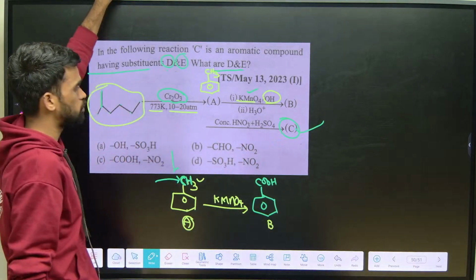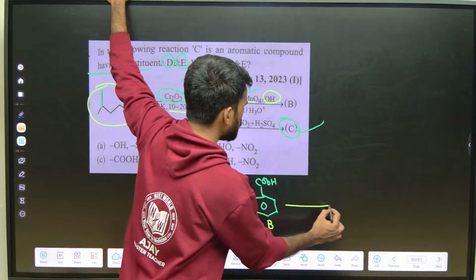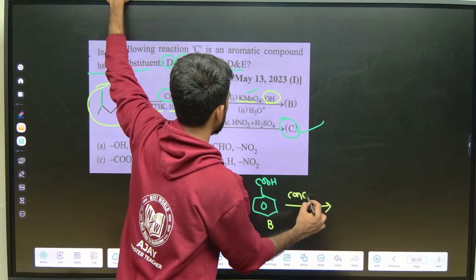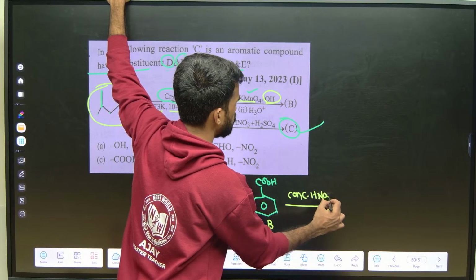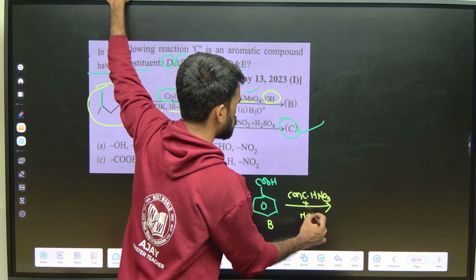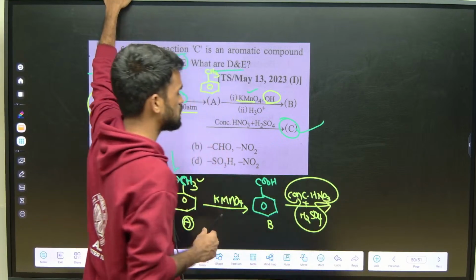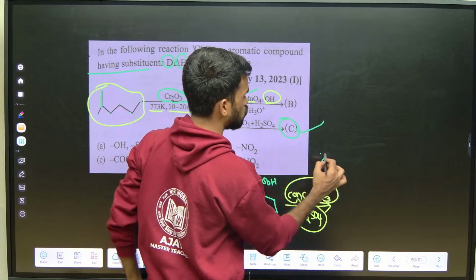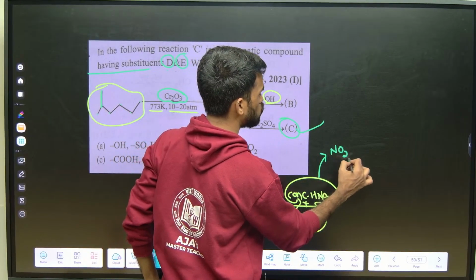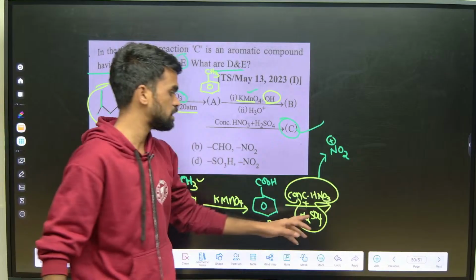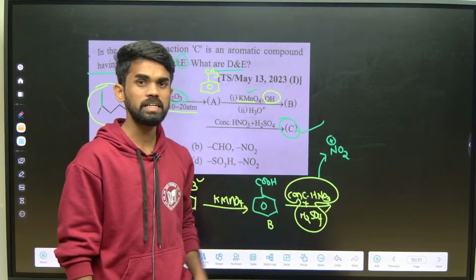This B is treated with concentrated nitric acid plus sulfuric acid, H2SO4. Concentrated sulfuric acid and nitric acid, this combination will generate an electrophile. That electrophile is NO2 plus, because sulfuric acid is a stronger acid than nitric acid.